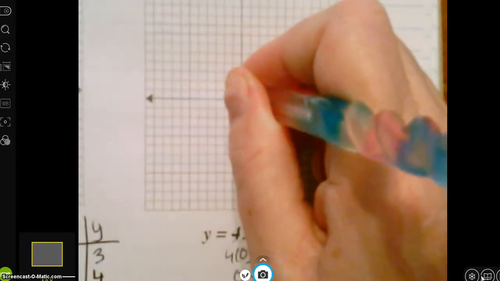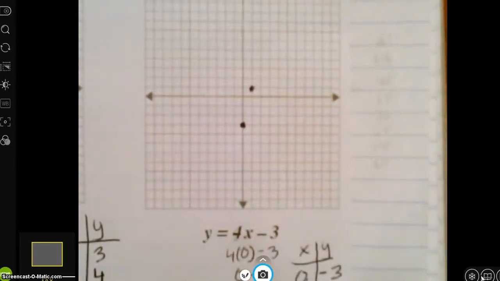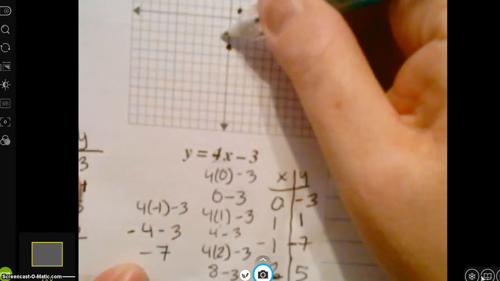Still feel like I'm a little off here. Okay, next one, negative 1, negative 7. Oh my gosh, this is driving me crazy. There's a hair here. So, negative 1, go backwards 1, then down 1, 2, 3, 4, 5, 6, 7.